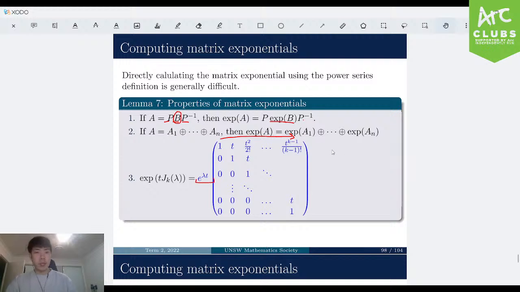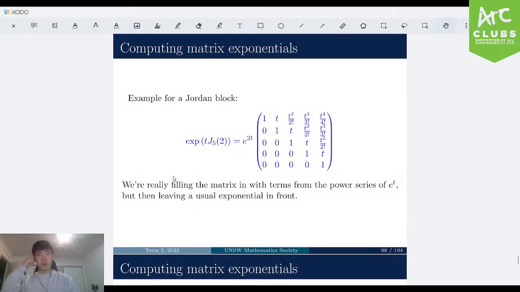Recall that when we did the expansion of a Jordan block power, it became a matrix where, read row-wise, it was the binomial expansion. In this case, the exponential of t times a Jordan block, read row-wise, becomes the Taylor series expansion. Or, more formally, the Maclaurin series expansion. Okay?